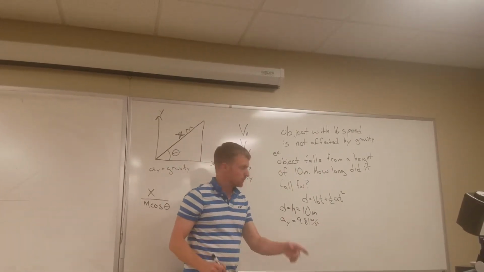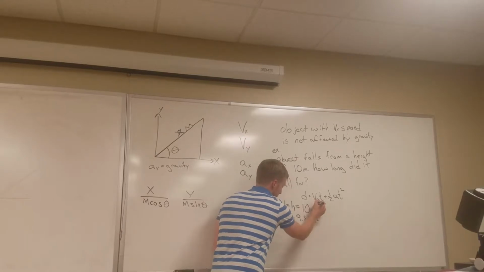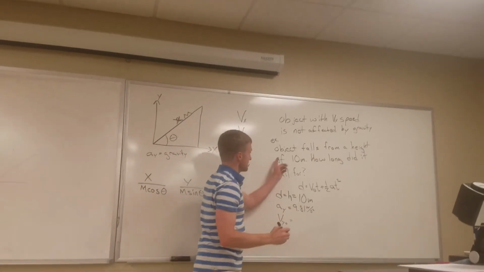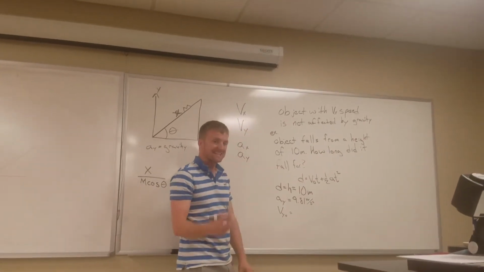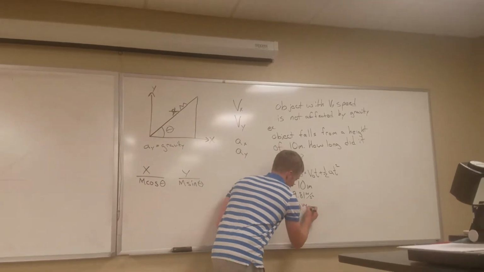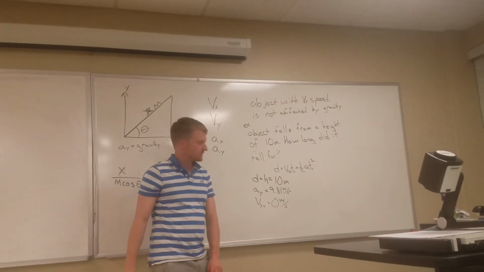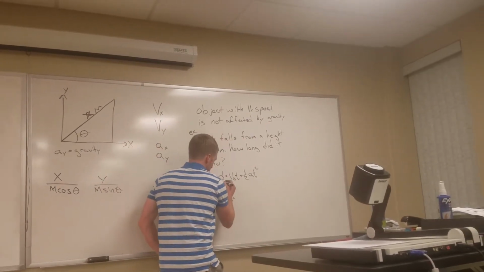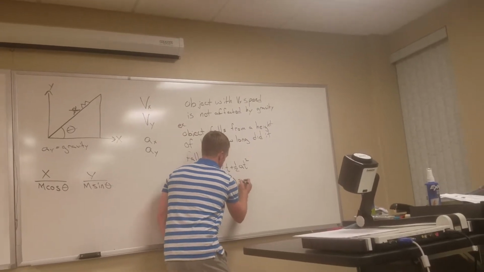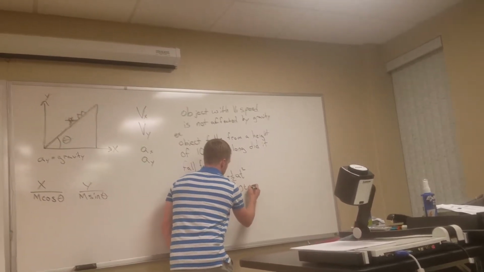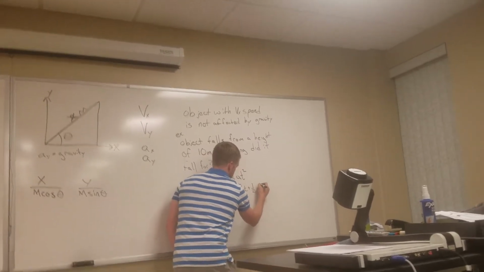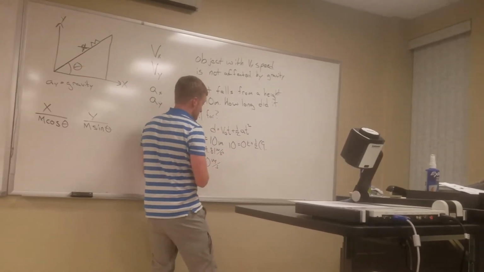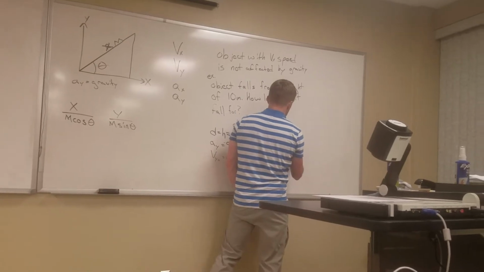Do we have an initial velocity? Well, if we did, it would have to be in the y direction. Did we give it any initial velocity here? No, we did not. So it is 0 meters per second. Filling it in, we say 10 is equal to 0 times t plus 1/2 times negative 9.81, as it is falling towards Earth.